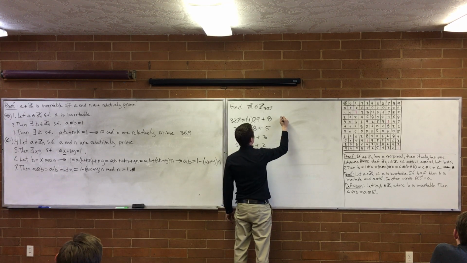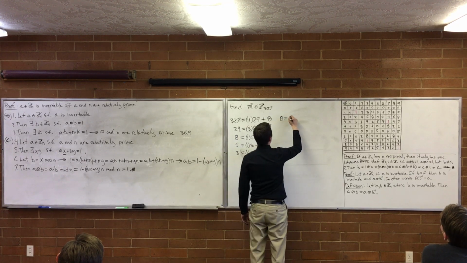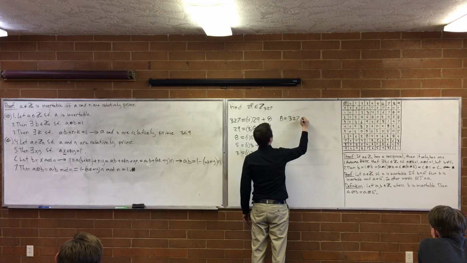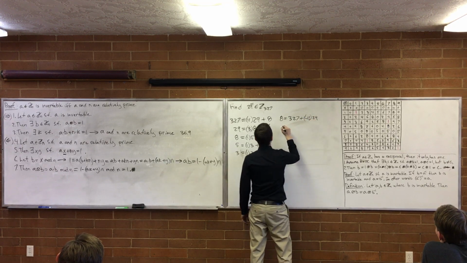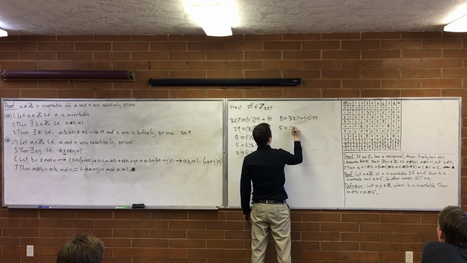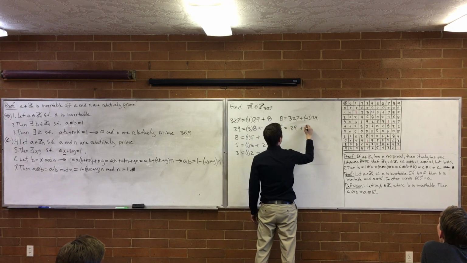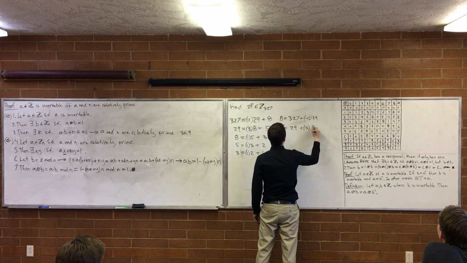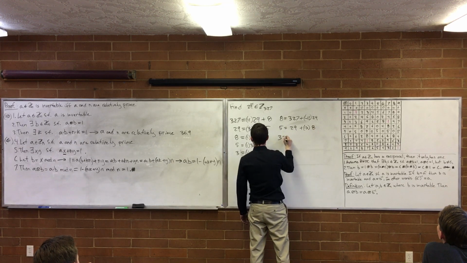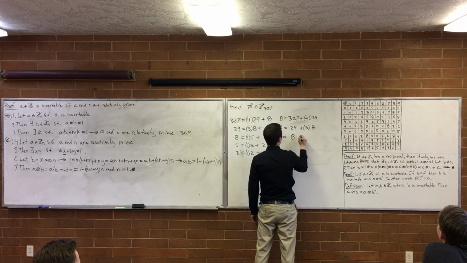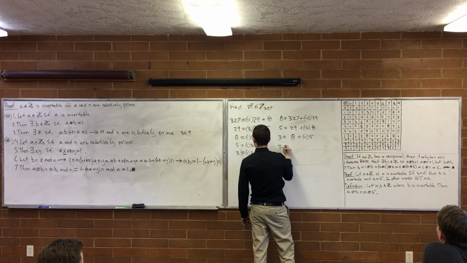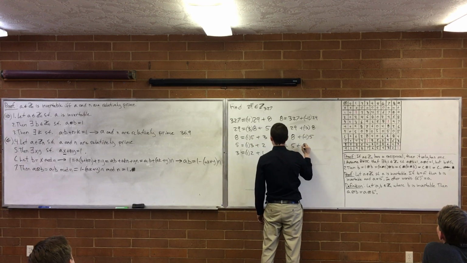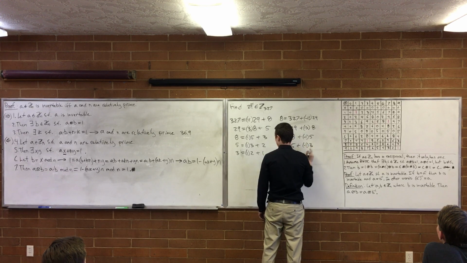So now 8 is equal to 327 plus negative 11 29s. 5 is equal to 29 plus negative 3 8s. 3 is equal to 8 plus negative 1 5. 2 is equal to 5 plus negative 1 3.